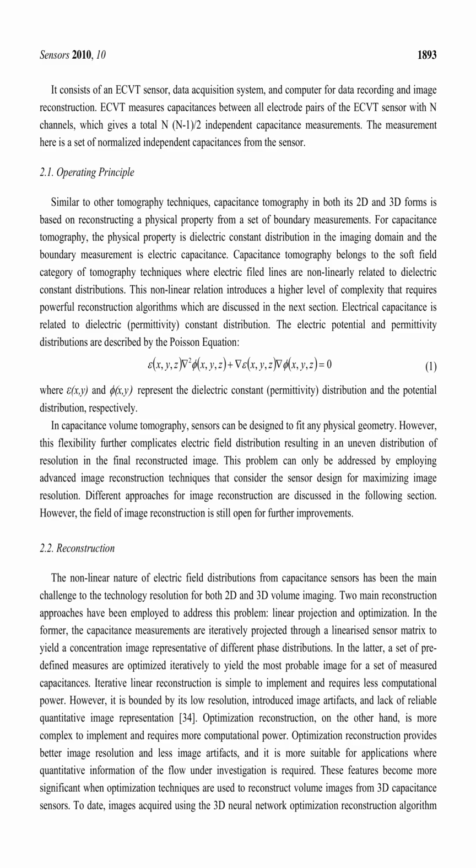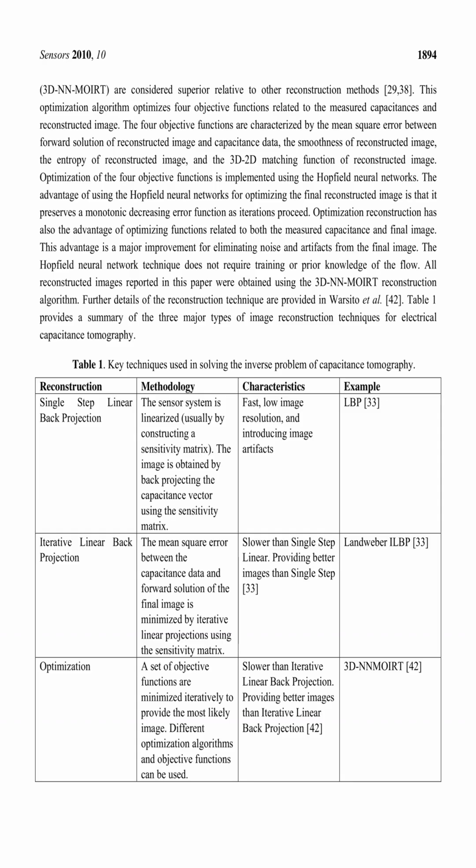Optimization reconstruction provides better image resolution and fewer image artifacts, and it is more suitable for applications where quantitative information of the flow under investigation is required. These features become more evident in DNN-MOIRT, which is considered superior relative to other reconstruction methods.